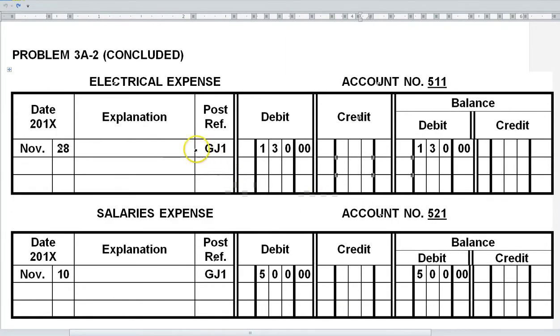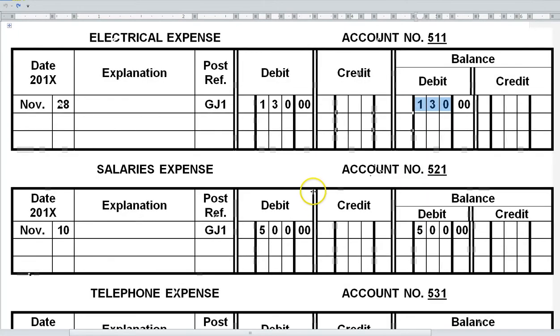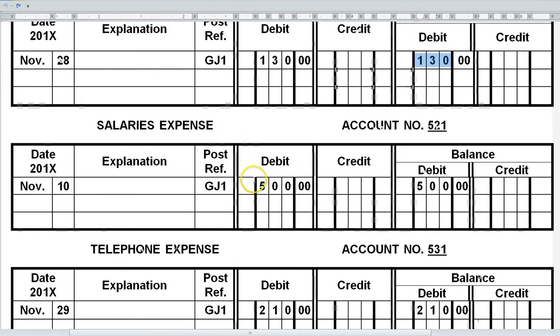And we keep scrolling down here. You would transfer from the journal to the ledger in the posting process here, the debit and the balance. The debit adds the 130 to the electrical expense account, and 130 is the account balance at that point. Same thing with salaries.